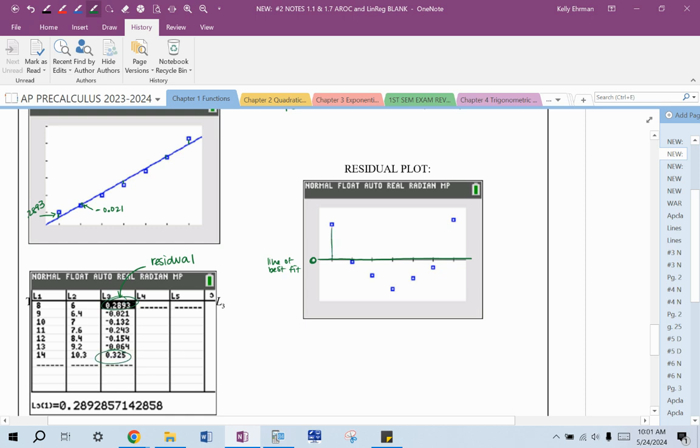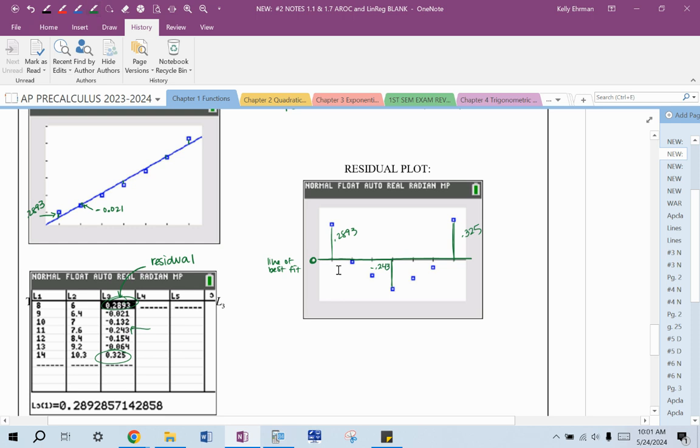So this distance here is 0.2893, and this distance is 0.325. And this distance, 1, 2, 3, 4, that's this one, is negative 0.243. So the residual plot is basically like a zoom in on this and shows the relationship between the line of best fit and what's going on here.